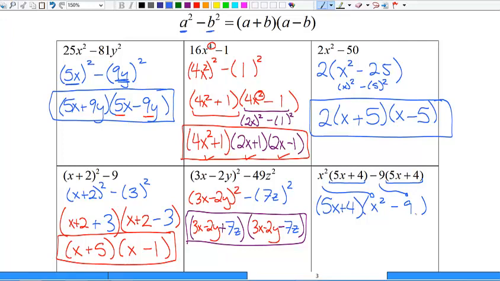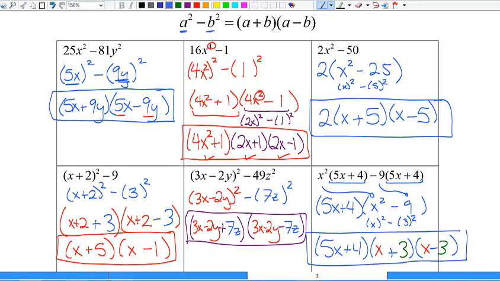Now that it's rewritten like this, I can clearly see that the second term is a difference of squares. So we have 5x plus 4, and the second parentheses is going to turn into x in the fronts, and I have 3 in the backs, and then my signs are just one of each. And that's my final factorization.